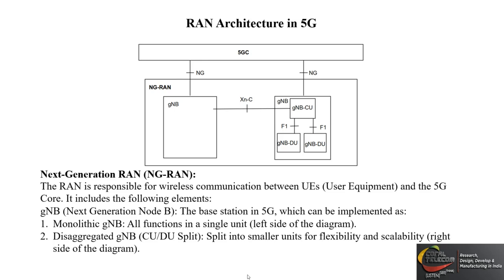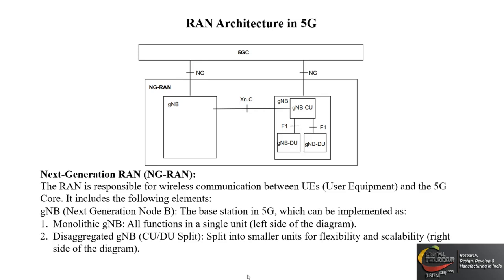If I am an expert in creating control plane messaging, and I can process and manage all these things, I can design the CU, and someone else is an expert in layer 1 protocols, so they can design the DU. By combining both of them over the standard ORAN protocol, the open protocol, we can integrate both of them, and it gives us flexibility to design smaller parts.